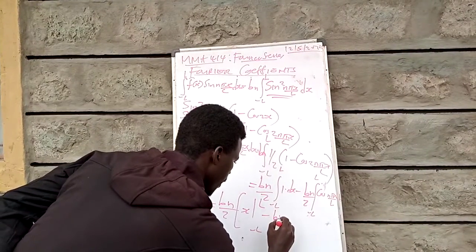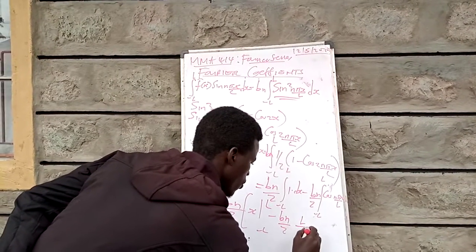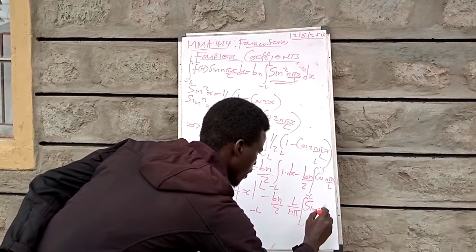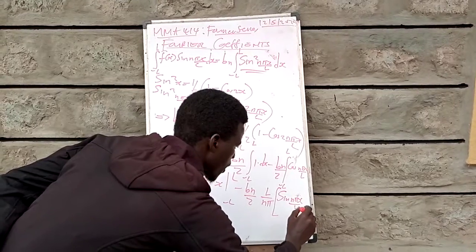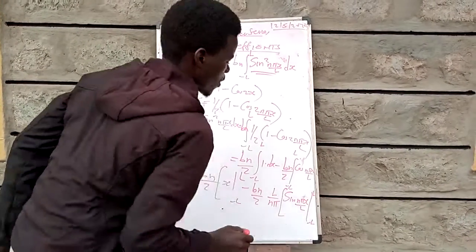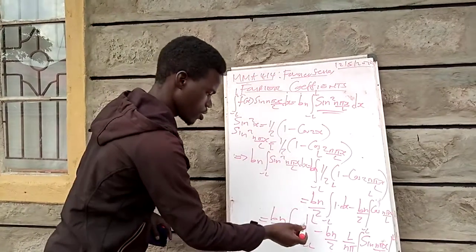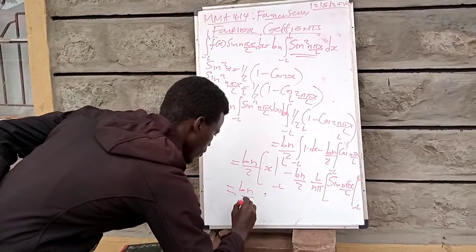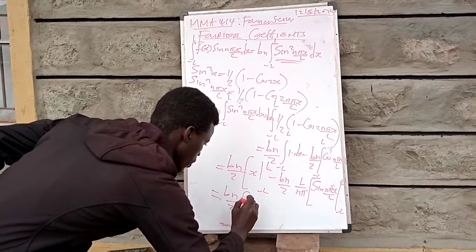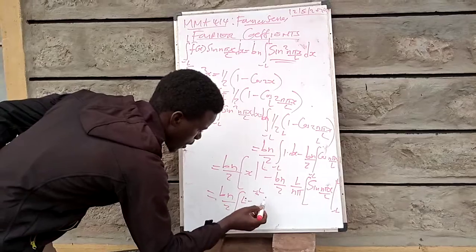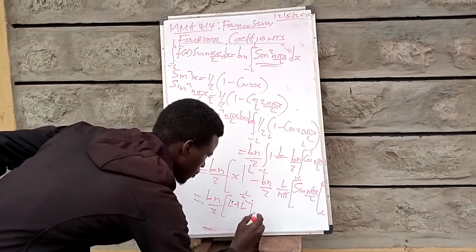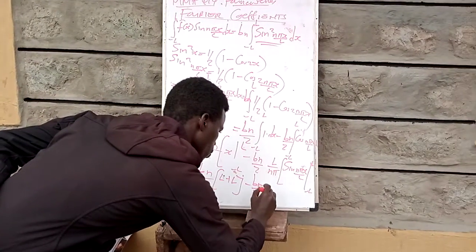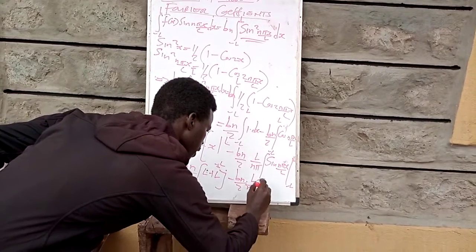So it will be bn over 2 times L all over n pi, and then sine n pi x over L, and the limits are from negative L to L. So if you substitute L in x here, it will be bn over 2 into L minus negative L, you get plus L, and then minus bn over 2 times L all over n pi.